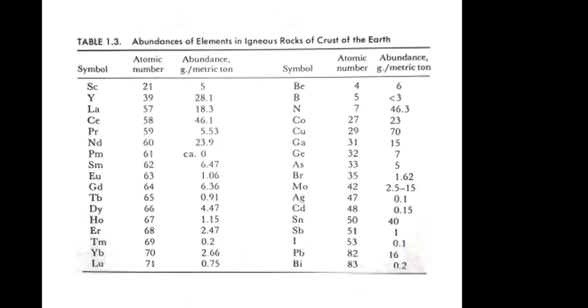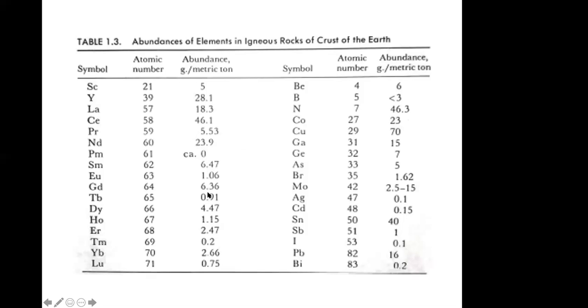And if we look at the rare earths here, you can see their abundances. The term rare is perhaps a misnomer because many of them, particularly the early lanthanides, are actually quite abundant. And you can see that elements like neodymium have a similar abundance to cobalt in the Earth's crust.